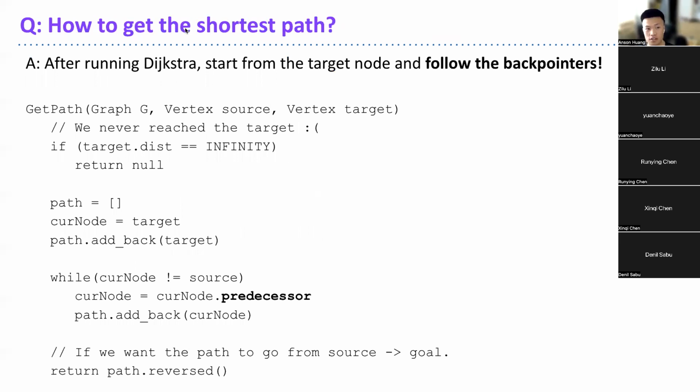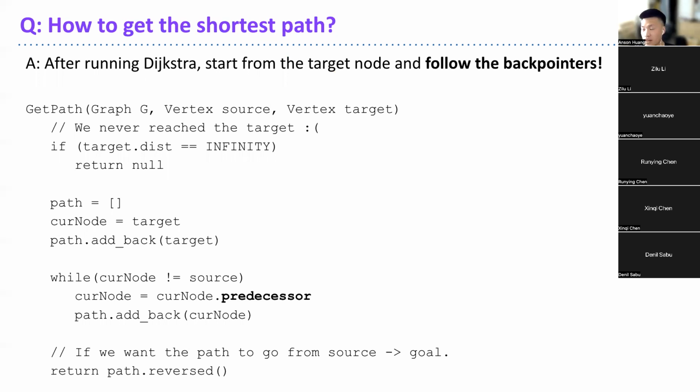Now, question: how to get the shortest path? Answer: after running Dijkstra, start from the target node and follow the back pointers. So after you run Dijkstra's and you've created your table, similar to the table y'all created in question 2 of exercise 4, you want to follow the back pointers.